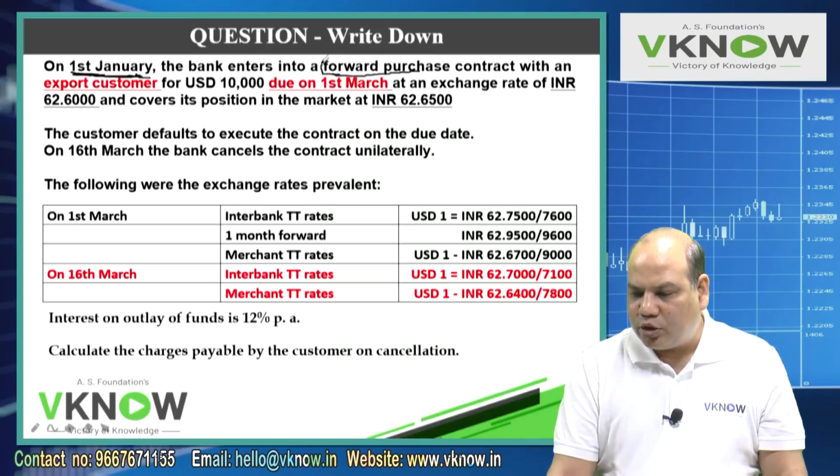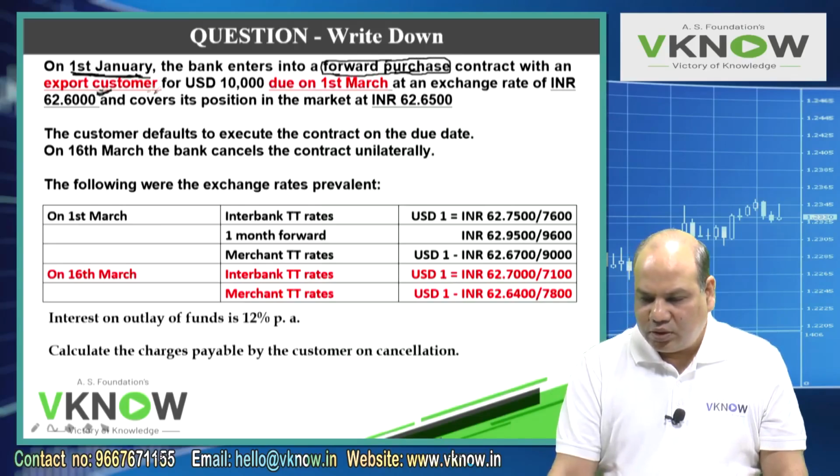The previous two problems were where the bank had entered into a forward sale contract. Now it's a purchase contract with an export customer for USD 10,000 due on 1st March. And the original forward rate agreed is Indian rupees 62.6000.